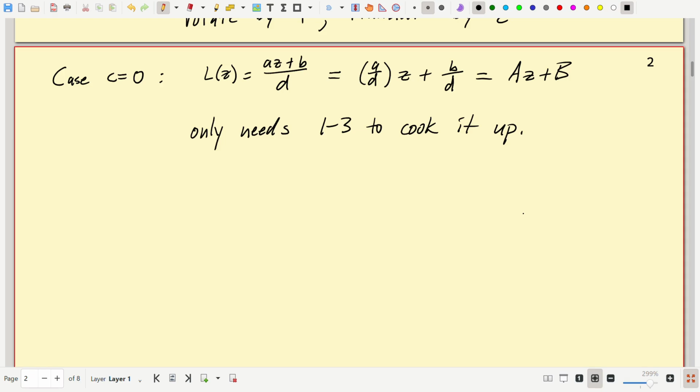Let's think about what happens to the point at infinity. So here's an observation. The basic maps, 1 through 3, are the elementary ones. They map the complex plane one-to-one and onto itself.